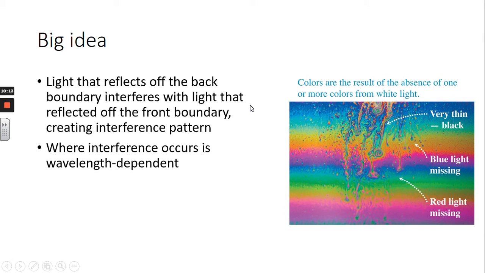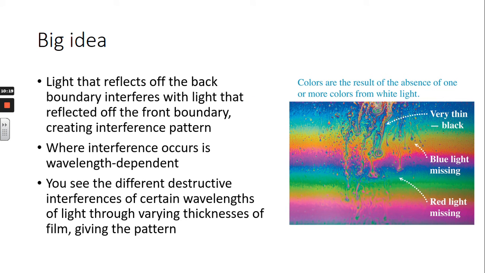When interference occurs, the location of interference depends on wavelength. And so you see different spots where destructive interference is occurring for certain wavelengths of light through varying thicknesses of film. That's what the pattern is coming from: different parts of the film have different thicknesses, and then different parts of the film will have different colors being subtracted out.